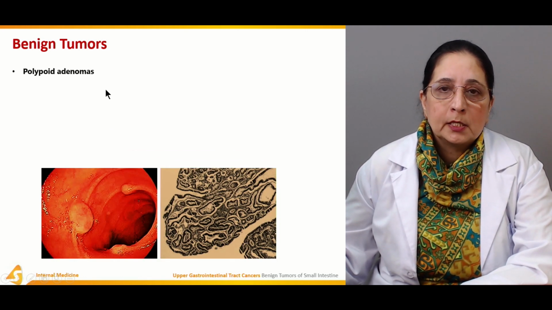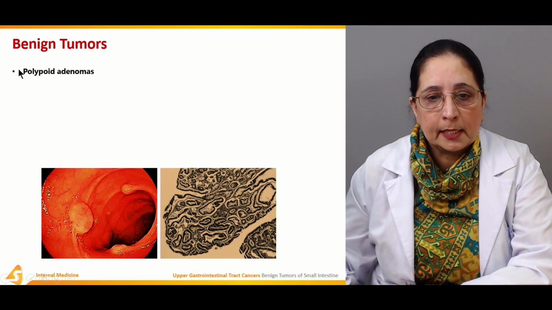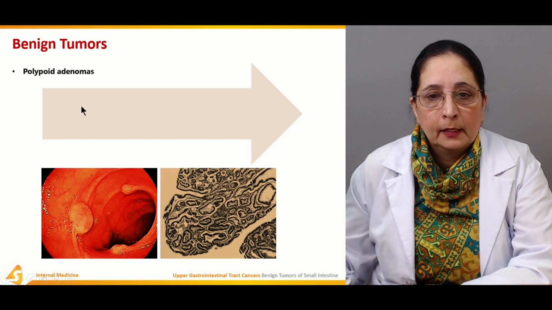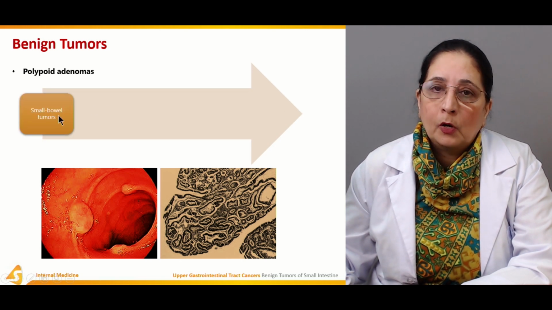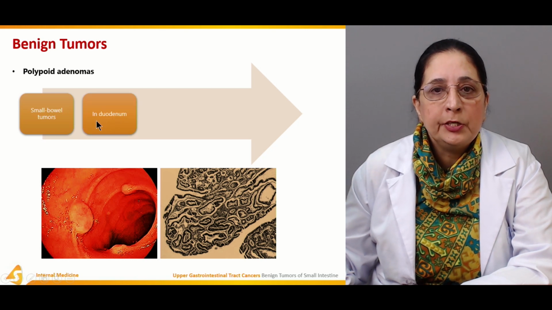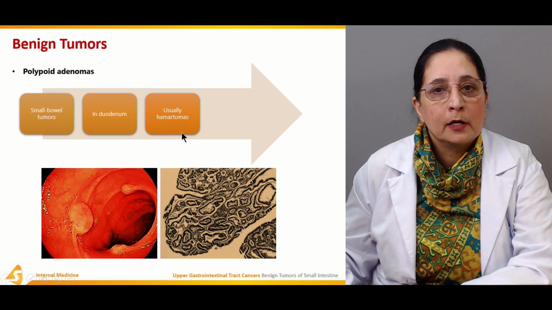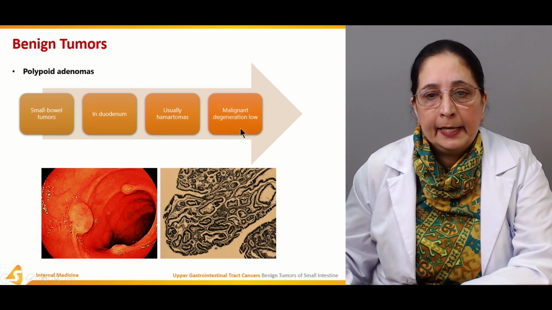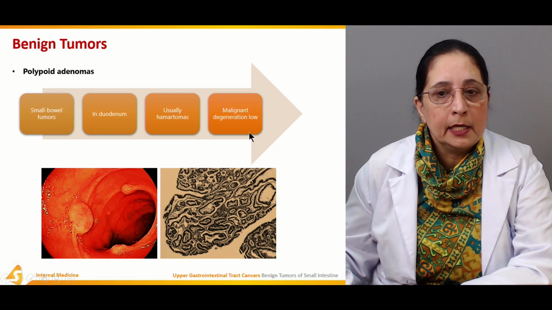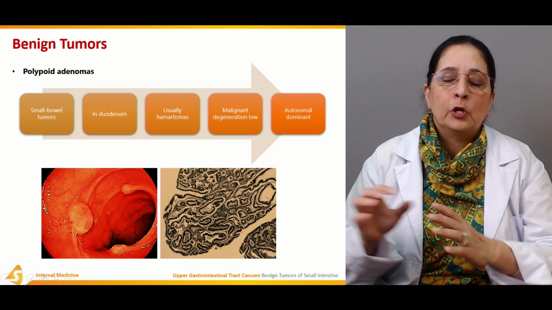Polypoid adenomas are another type of benign tumor of the small intestine. They are small bowel tumors mainly in the duodenum, usually hamartomas. Malignant degeneration is low, and they are autosomal dominant.